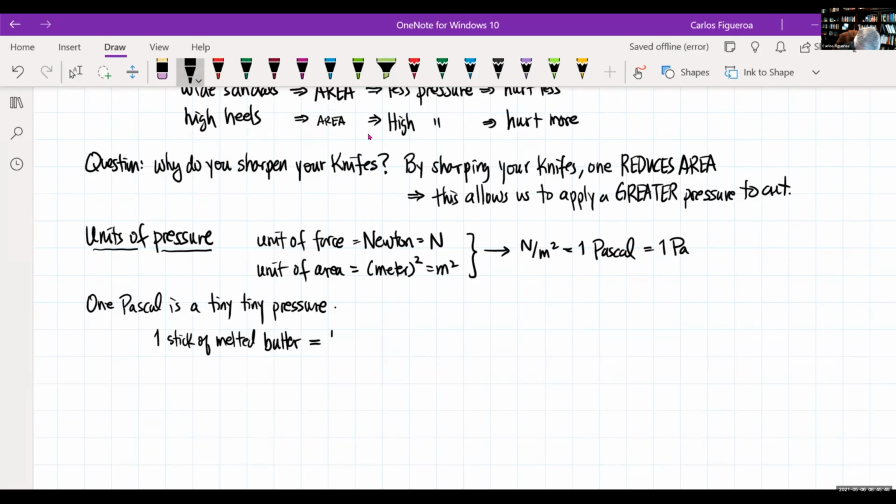And remember, 1 stick of melted butter has a weight of 1 Newton. Okay, maybe I should write that out. So this is a 1 Newton weight.